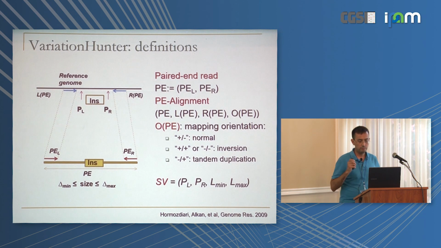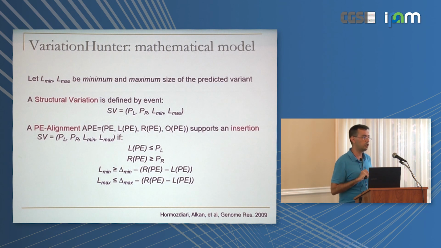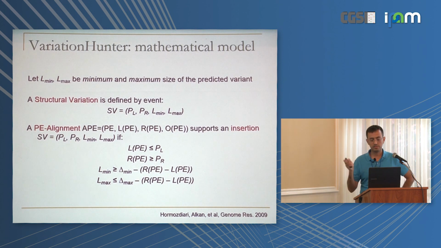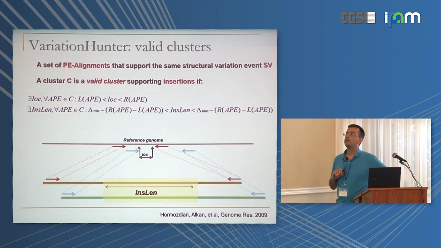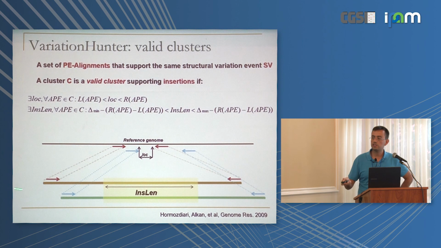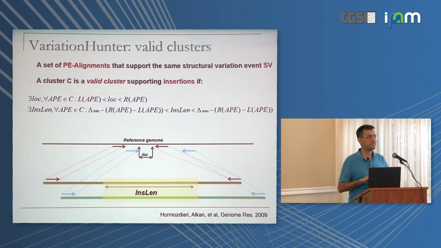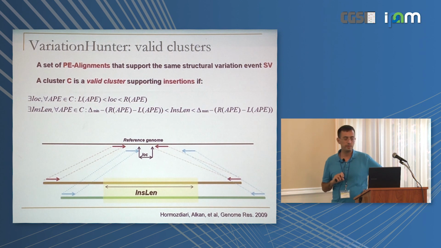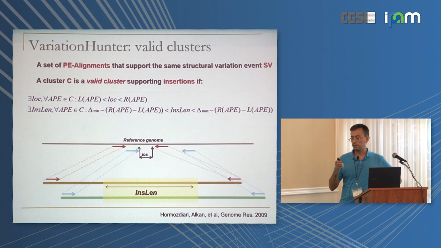And then after this, we can just cluster those that agree with each other. Let's skip that one as well. So we cluster those that agree with each other for the same type of structural variant and the same size of structural variant, and we remove those that are in contradiction.